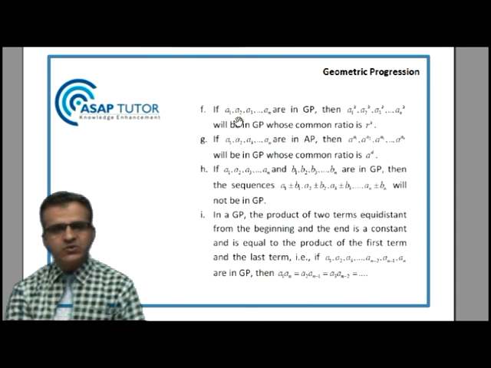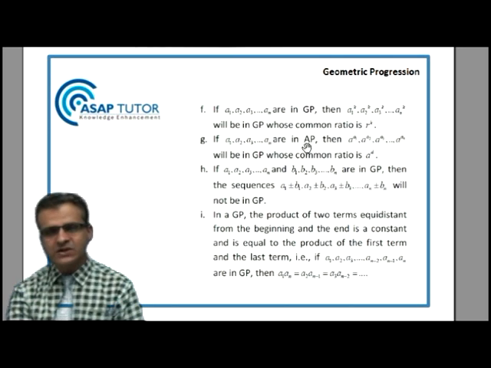Now if A1, A2, A3 and so on up to AN are in GP, then A1 raised to the power K, A2 raised to the power K and so on will also be in GP with the common ratio equal to R raised to the power K. The next one: if A1, A2, A3 and so on up to AN are in AP, then A raised to the power A1, A raised to the power A2, that is these terms, will be in GP whose common ratio will be A raised to the power D, where D is the common difference of the AP, that is A2 minus A1.